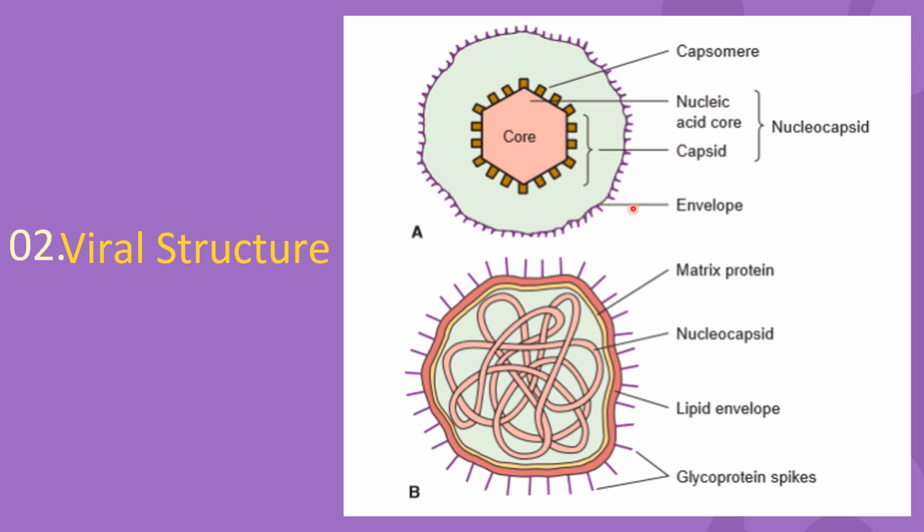Pero pag meron sila, they are called envelope. Okay? So, in addition, some viral structures can be seen with glycoprotein spikes, which aid in the attachment of the virus to the host receptor. So, all of this together makes up a virion, or a complete viral particle that can exhibit reaction in the host cell.